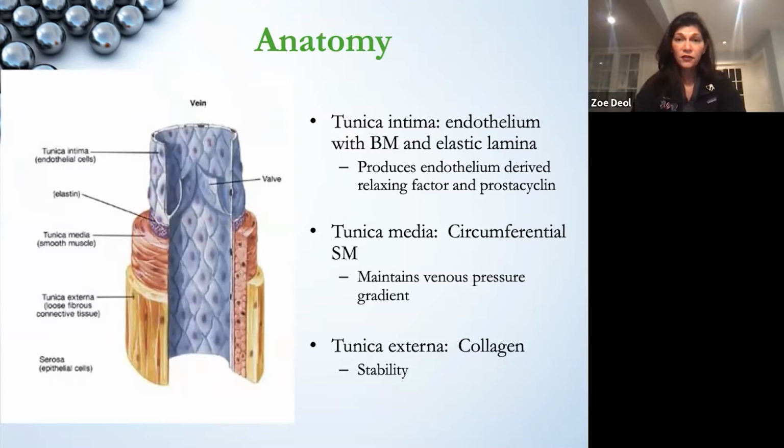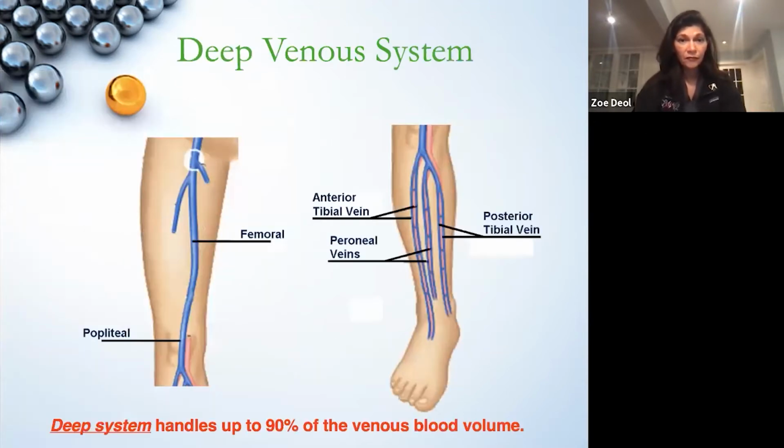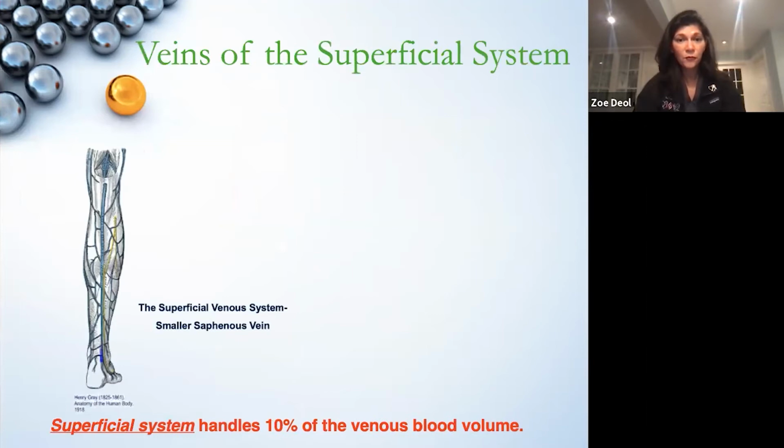Your veins have the tunica intima, which is the endothelium, the tunica media, which is the smooth muscle, and the tunica externa, which is the collagen, and that's for your stability. On the anatomy, the deep system handles about 90% of the venous blood volume, whereas the superficial system handles about 10%.